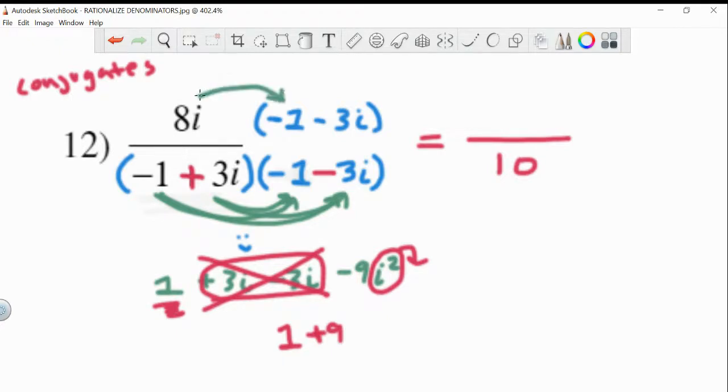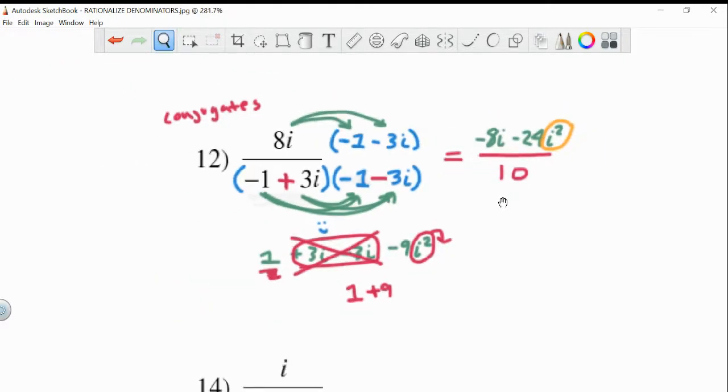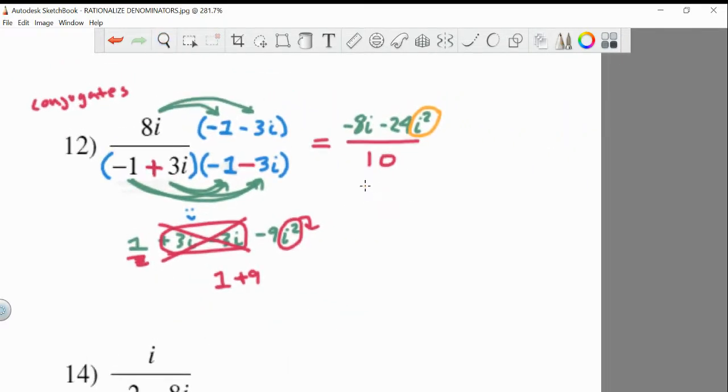We need to distribute the top. We're going to get -8i. We're going to get -24i squared. We are going to be able to swap out the i squared. And so our final answer here, this is going to become a positive 24.